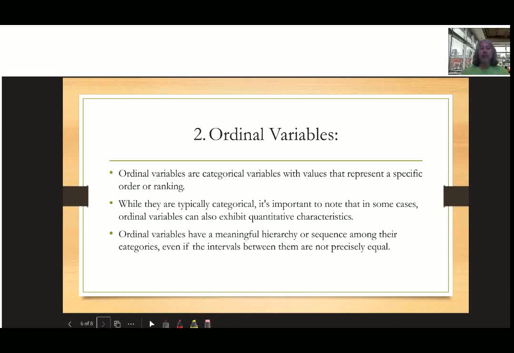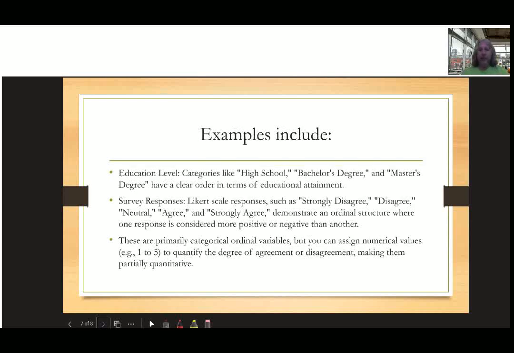Ordinal variables have a meaningful hierarchy or sequence among their categories, even if the intervals between them are not precisely equal. So, examples: the amount of education you have. A high school diploma is considered one level, a bachelor's degree is another, a master's degree, and again, those don't represent equal amounts of increase in education. However, an order is definitely there.